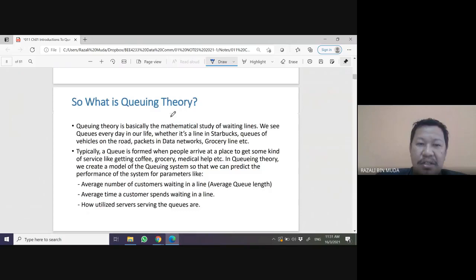What is queue theory? Queue theory is basically the mathematical study of waiting lines. We are very used to queuing, or being in lines.